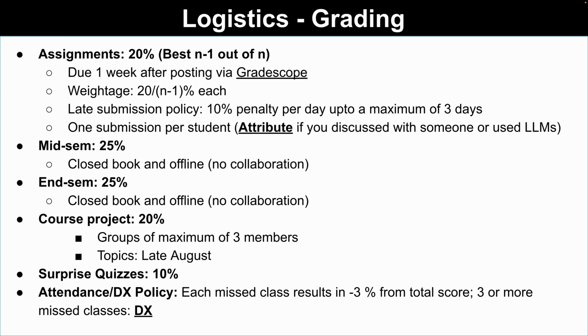points. There is one caveat, which is that if I miss 3 or more classes, I will have to assign a DX grade. I usually don't do this, and I never have done this, but just because of the changing times and everything that's going on, and given that everybody here should be interested in the class, I have to enforce the policy of DX.